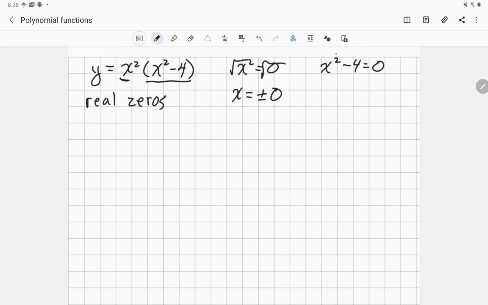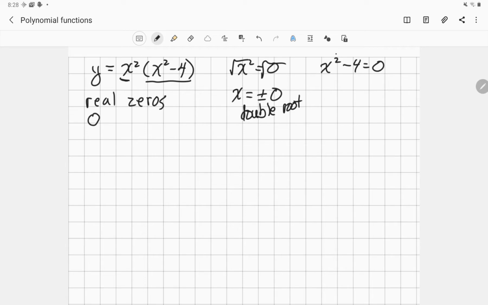But 0 doesn't typically have a sign associated with it. So when I draw it, and when I write down one of the real zeros, I'm just going to put 0 once. But because technically that's two answers, this is what's called a double root.